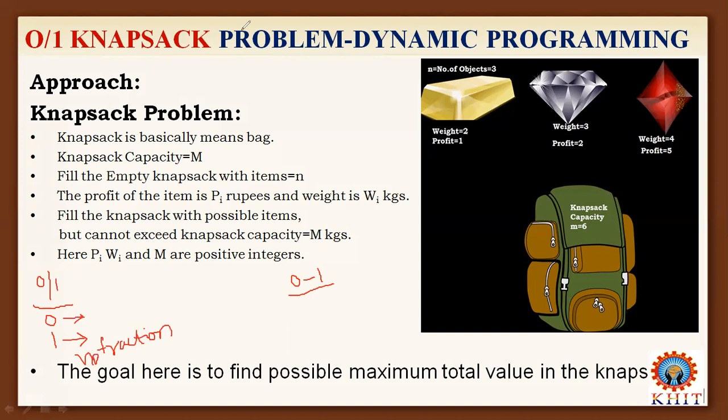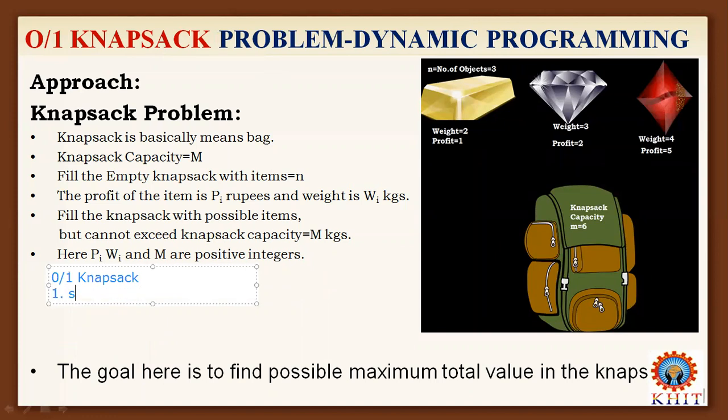Okay. Here, if you observe clearly, there are two types of knapsack problems. One is the 0/1 knapsack. If it is 0/1 knapsack, the first point is: select 0 means no item is placed in the bag.